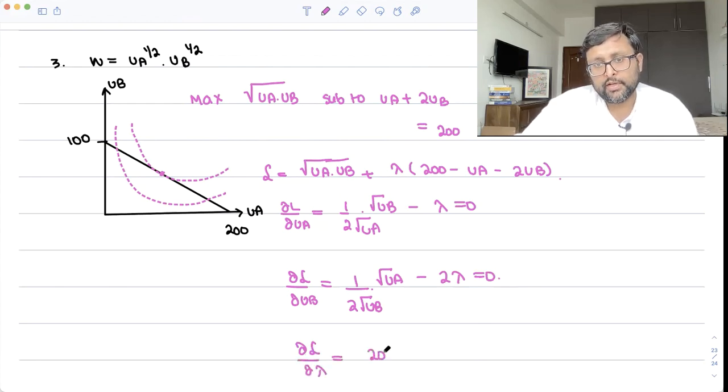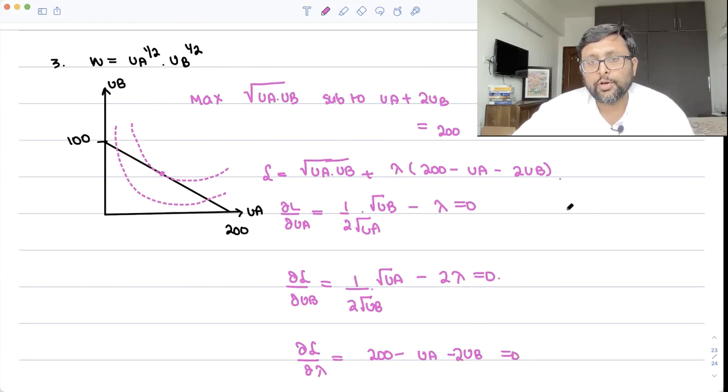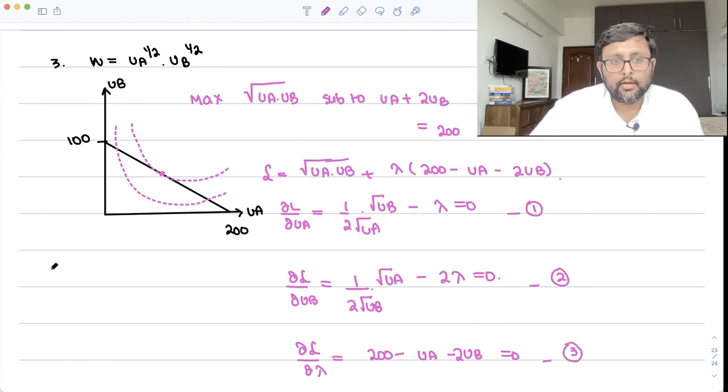And del L by del lambda is 200 minus UA minus 2UB equals to 0. Something like this, right? So what do you have? You just divide first by second. So when you do that, what do you get?